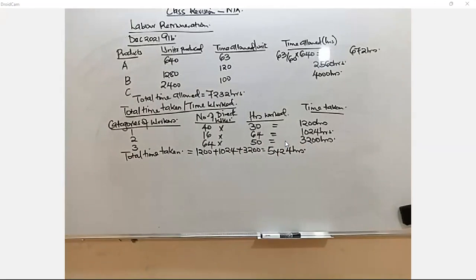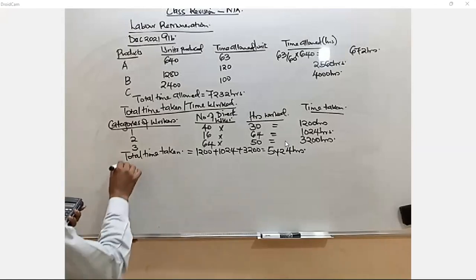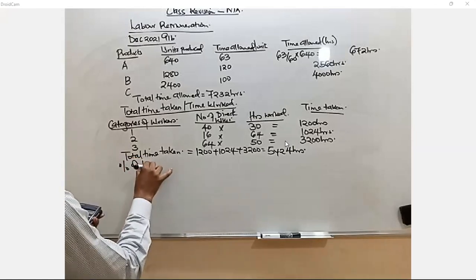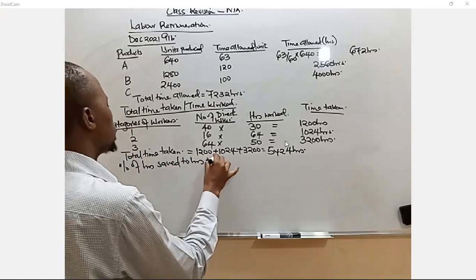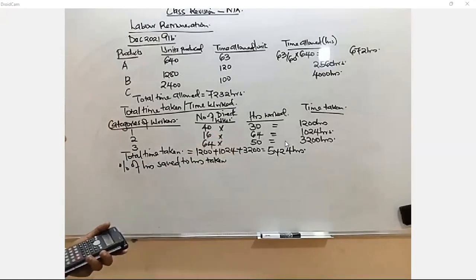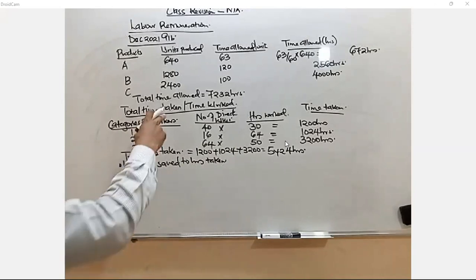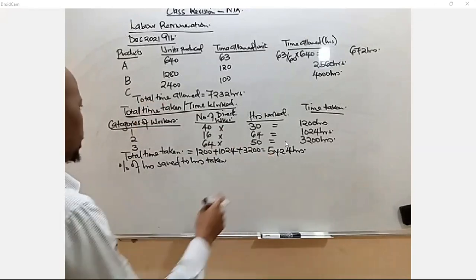It is very important for us to know the percentage of hours saved to hours taken. To get your time saved, you look at the time allowed minus the time taken.